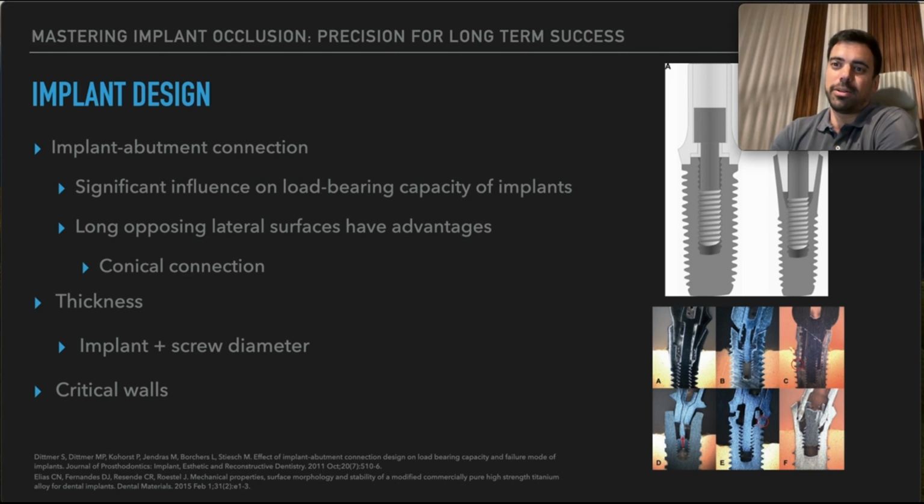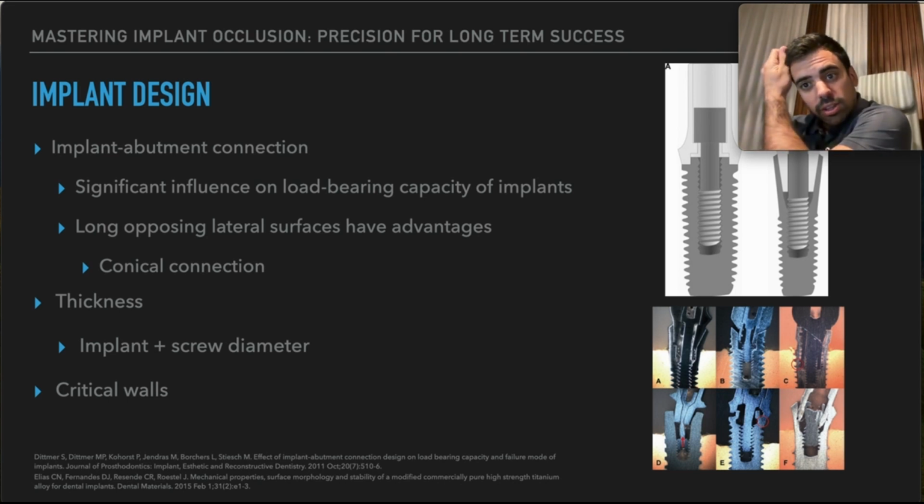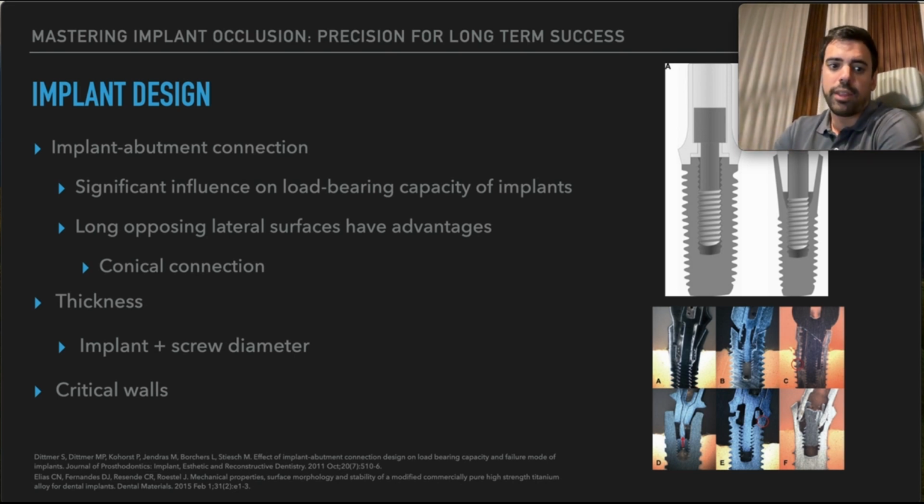But then we need to think about if we're using a very thin screw or a very thick screw. Multi-units have 1.2 millimeter screws, where if you go to a different system, you may have 1.6, 1.8 implant diameters, so they're less likely to break. And then the critical walls.